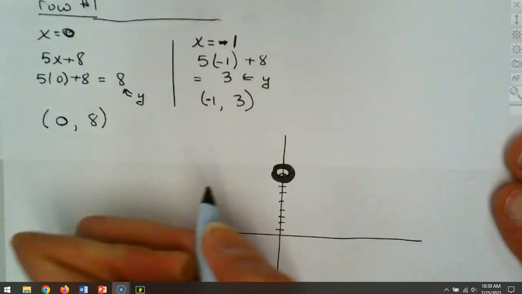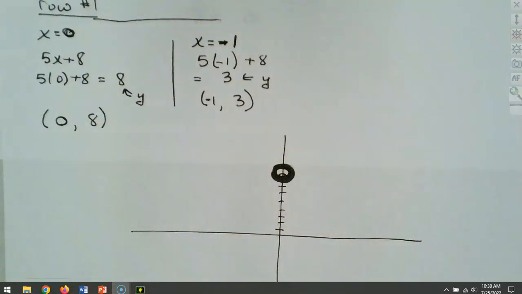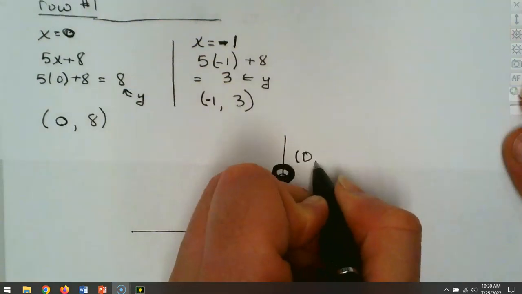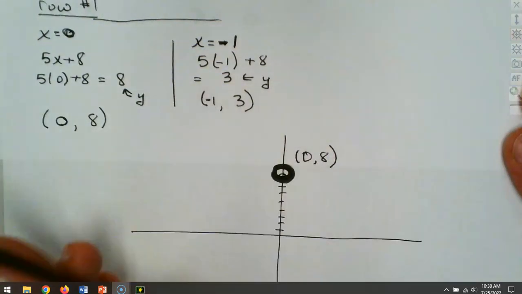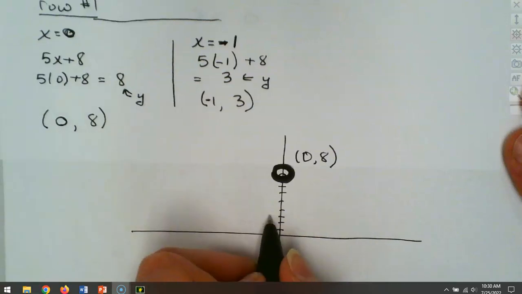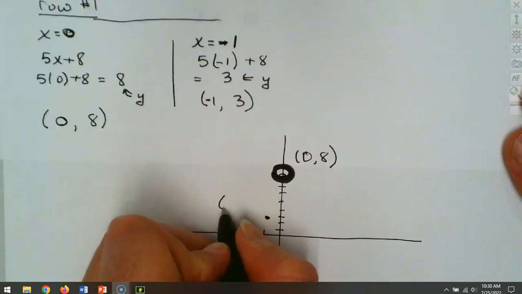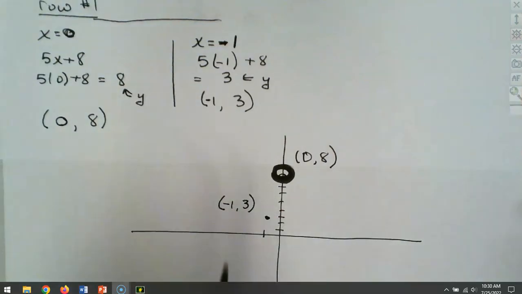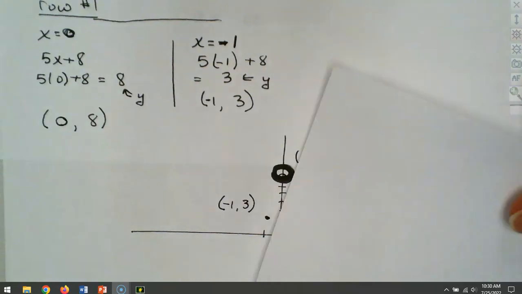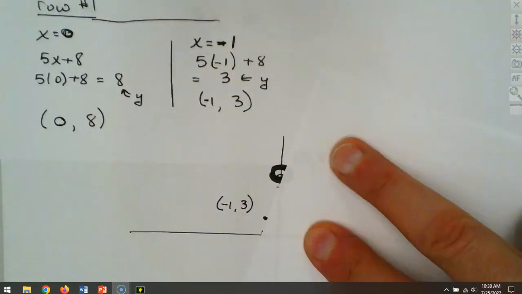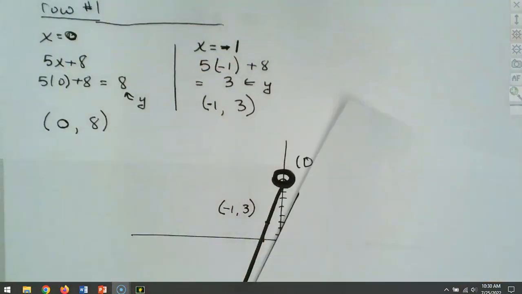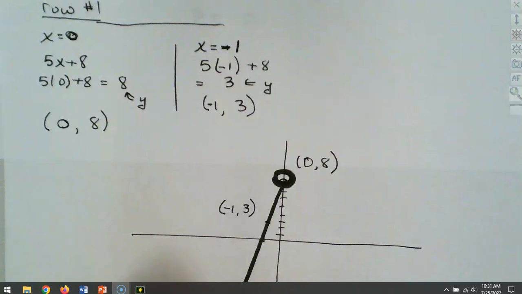So it's clearly an open circle here, and that is at (0, 8). Our second point is at (-1, 3). And we connect them together. So we just simply connect them together, and this makes half the graph. Right? It's for values of x that are less than 0. So less than 0, the graph looks like that.